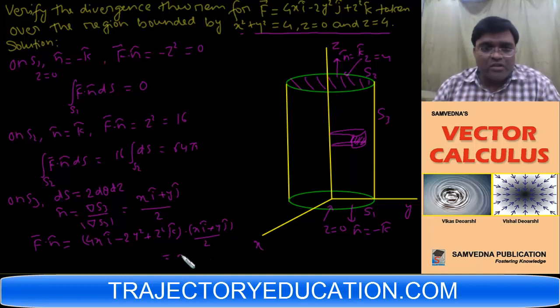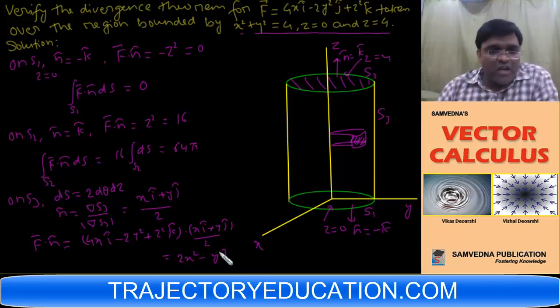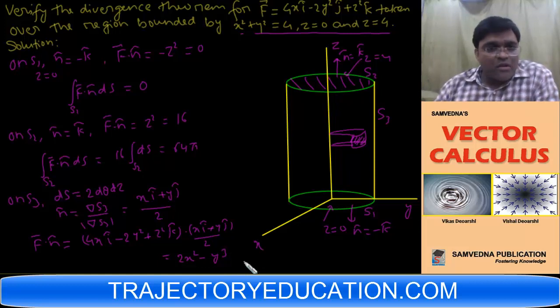So this will be 2x square minus y cube. Alright, so now we have to calculate the surface integral.